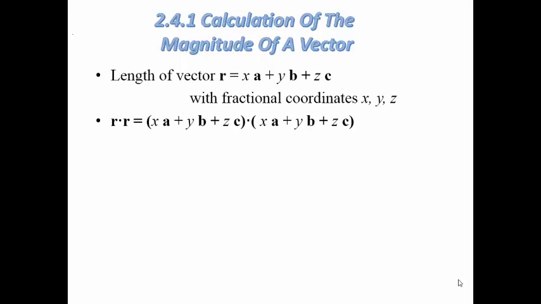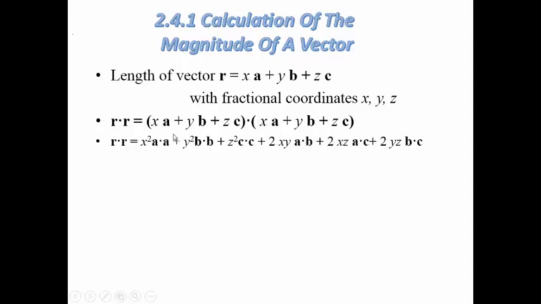Now we'll take the dot product of r into itself. So here we have r dot r, and that's where r is substituted in here. Is squared, so here you're picking up x squared a dot a, similarly y squared b dot b and z squared c dot c, and then we have the cross terms, which would be a dot b, and that would be xy, and since the dot product commutes, that is, a dot b is equal to b dot a, then you have two of them.